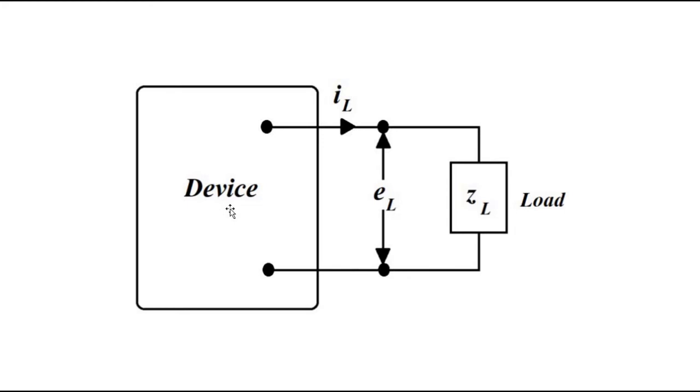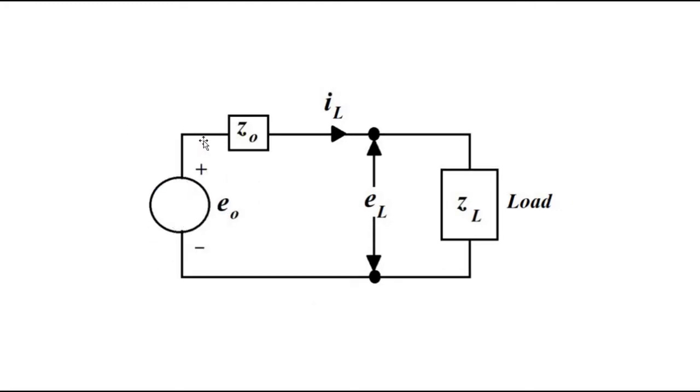This device can be anything: a sensor circuitry, signal conditioning circuitry, any measurement device, whatever you want to visualize. But we need to simplify the circuitry of this device. So we are using the Thevenin equivalent circuit of this device, that is, a voltage source in series with a Thevenin impedance, which we call the output voltage E0 and the output impedance Z0.